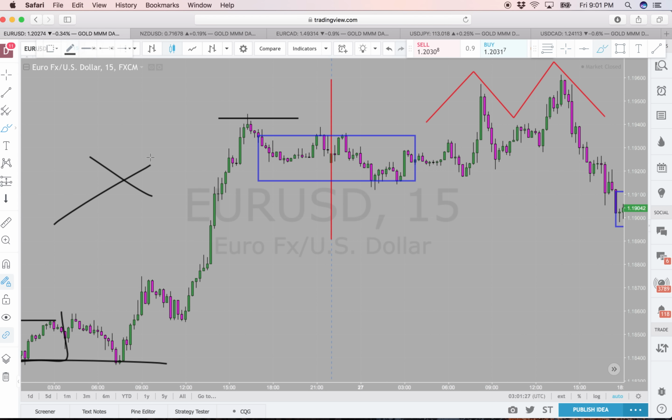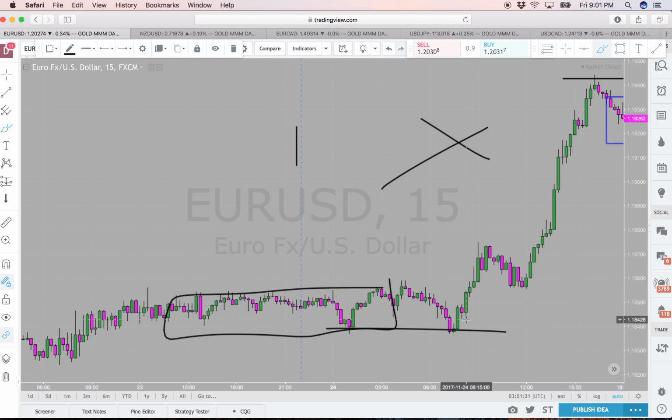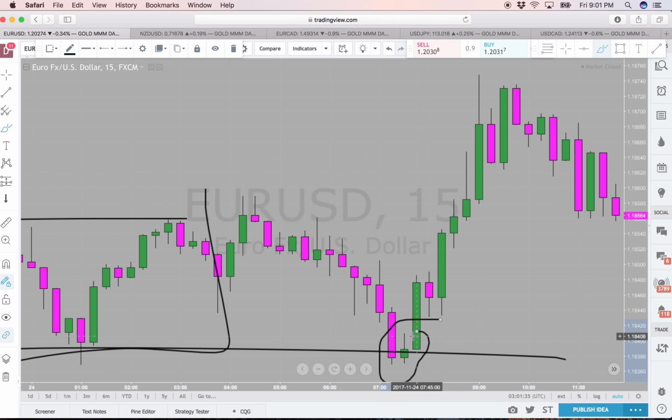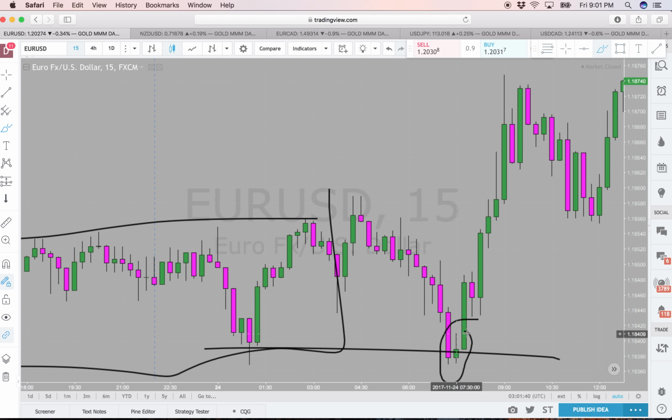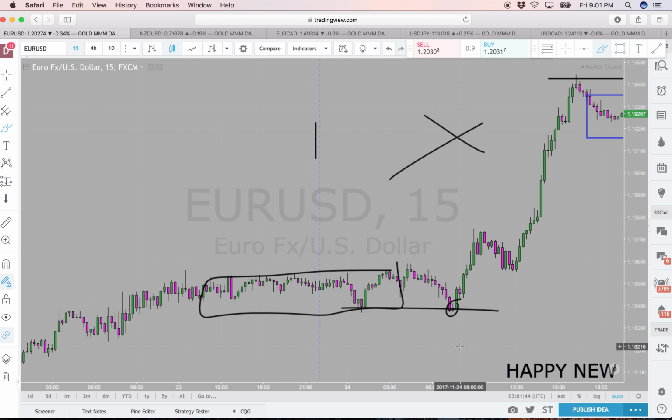So it's all a trap, you guys. This is a trap here. This little candle, that little candle right there, is one trap right below the low to induce the retail trading herd to sell.